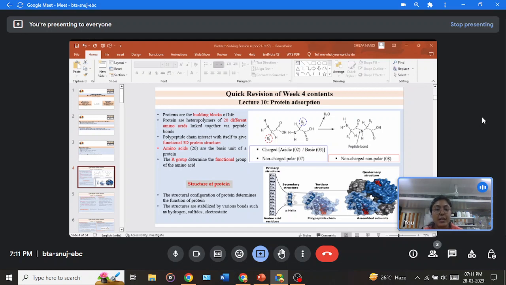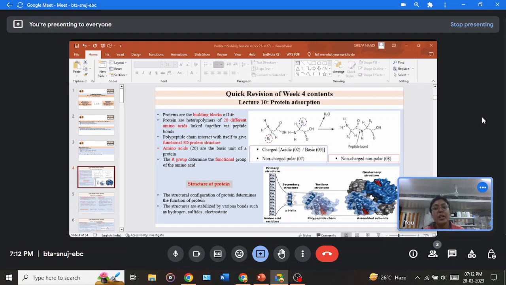Now, as you can see in the figure, two amino acids are linked together with the help of a peptide bond. This peptide bond basically contains an amide at one end, and on the other end there is a carboxyl end. This bond is formed when there is the release of H2O.